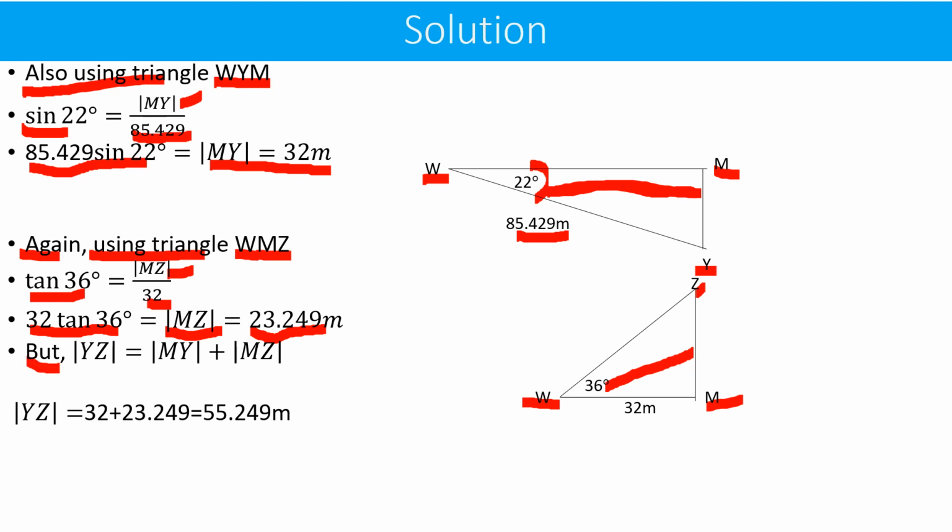But YZ, which is the length of the longest tower, is MY plus MZ. So YZ is equal to 32 plus 23.249, which is 55.249 meters.